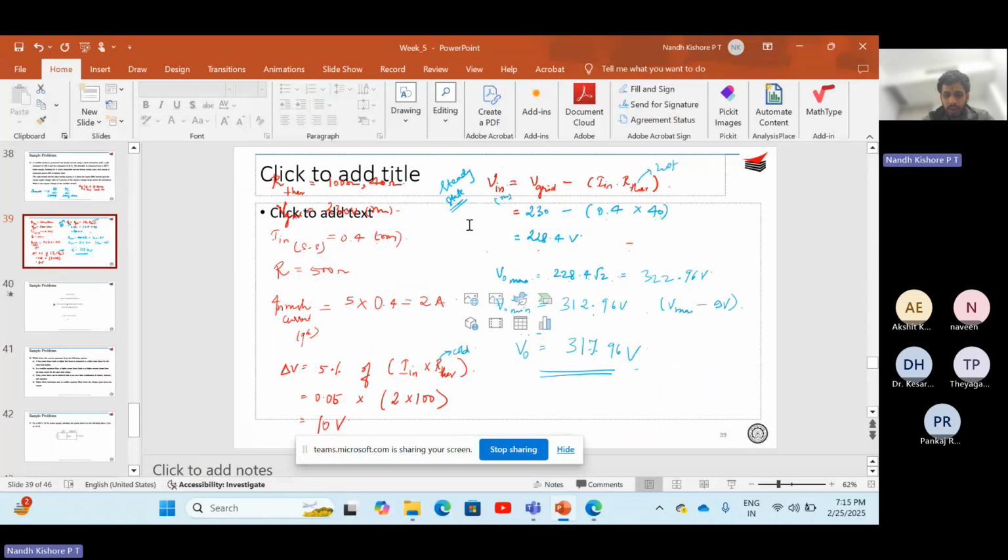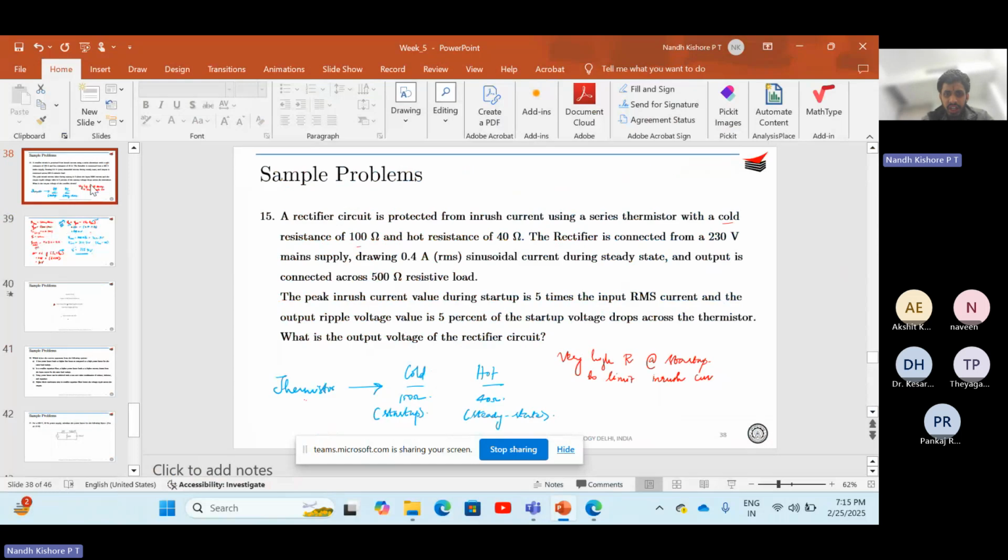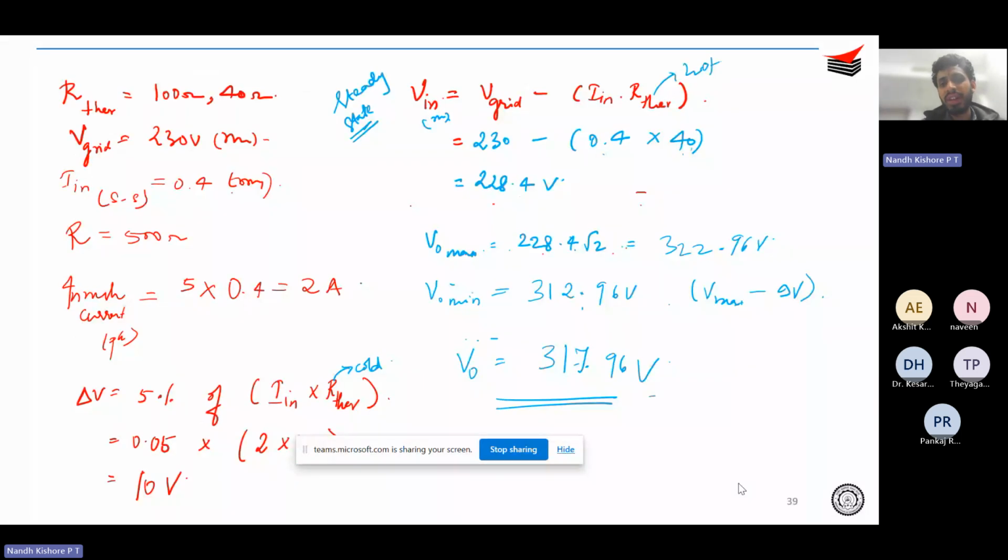Because in the question it is mentioned that the hot resistance is 40 ohms and the input current is 0.4 amperes during steady state, so we should consider this only. So 0.4 into 40 is how much?